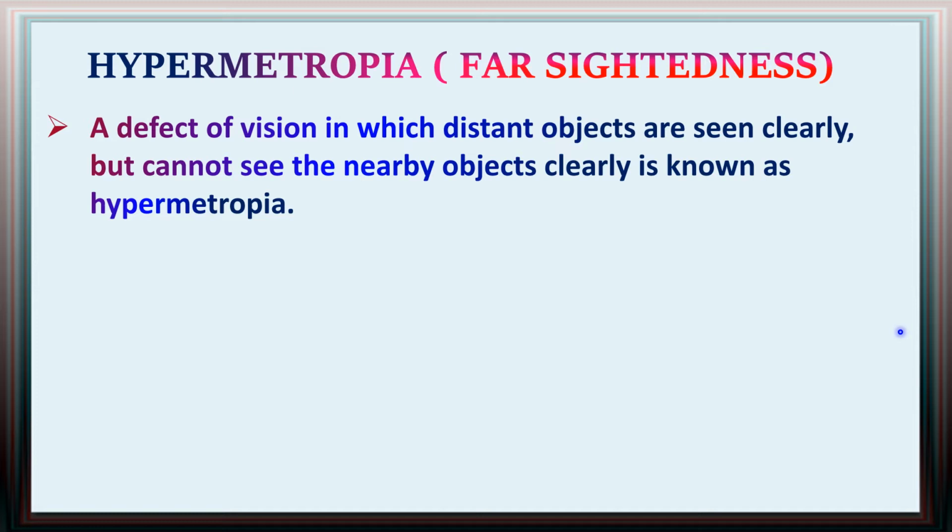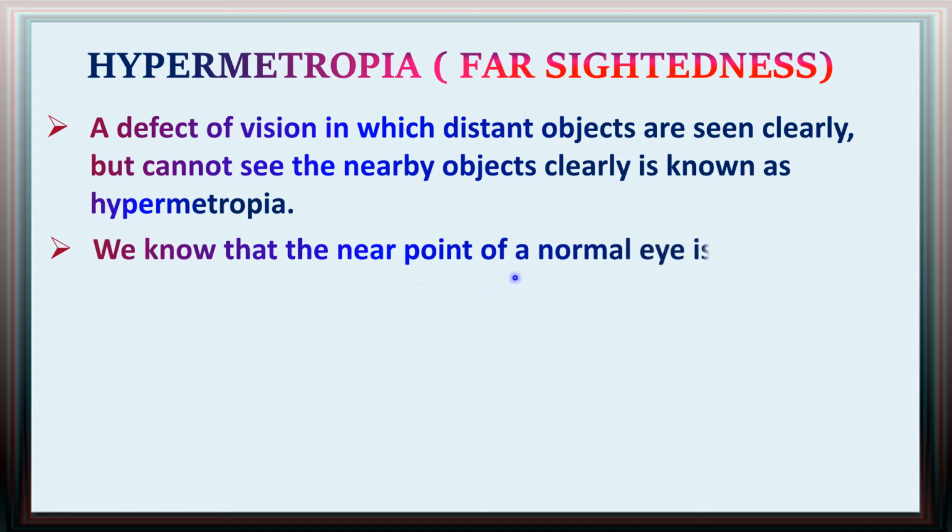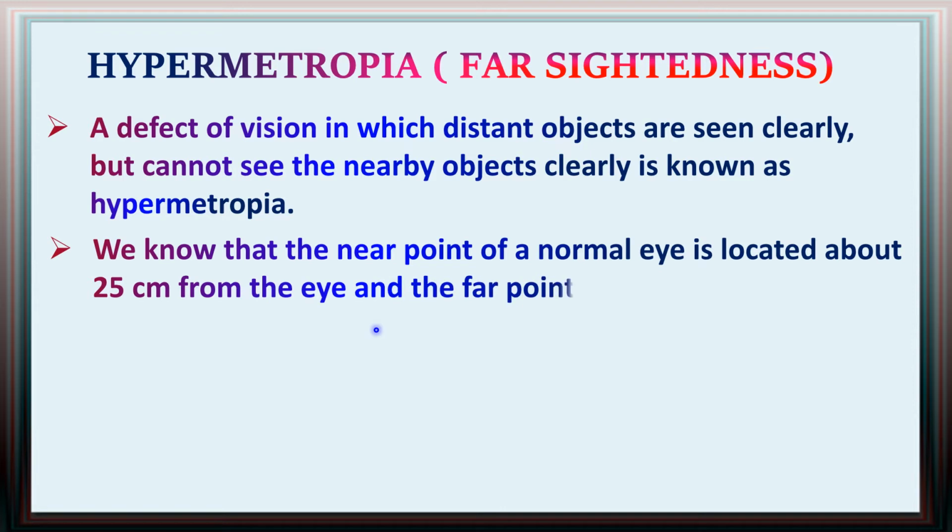That is, the far point is located almost at infinity, and the near point, that is the point of minimum distance where objects are seen clearly, is located about 25 centimeters. That is in case of a normal eye. Okay, so the same thing here I am writing. We know that the near point of a normal eye is located about 25 centimeters from the eye, and the far point is located at infinity.